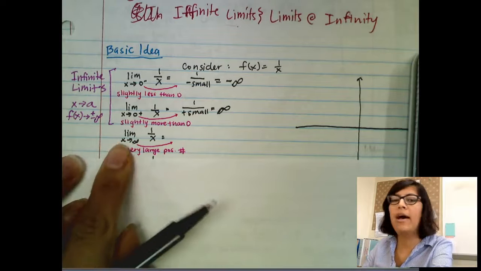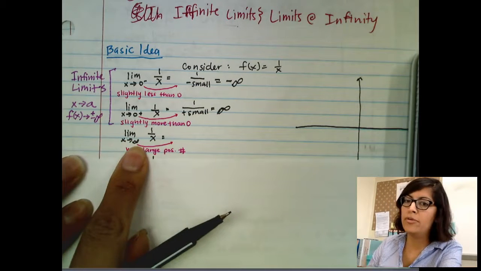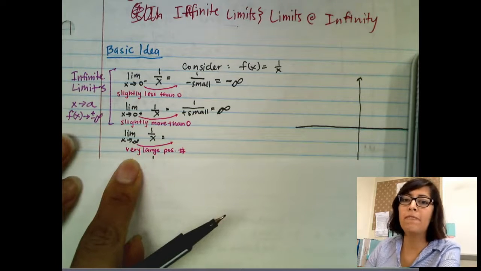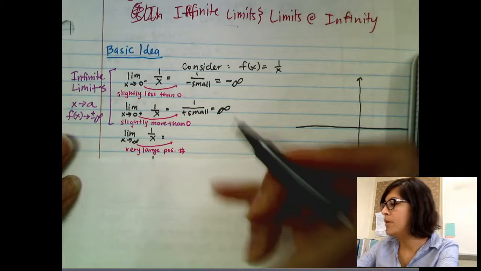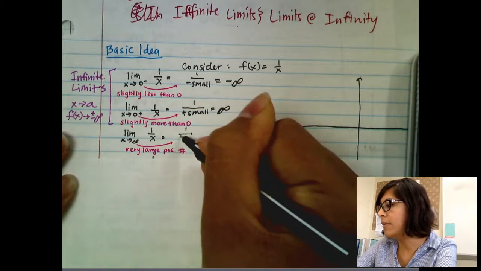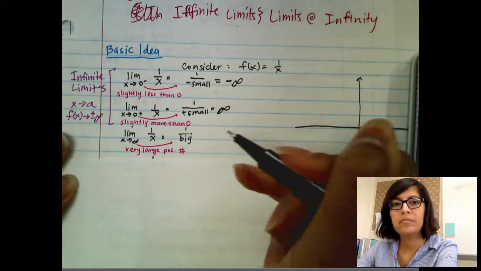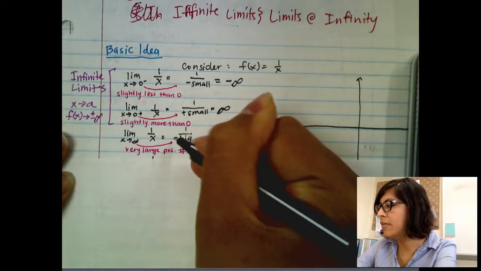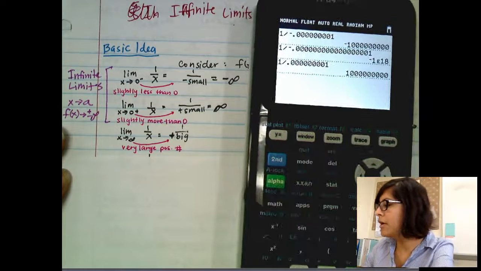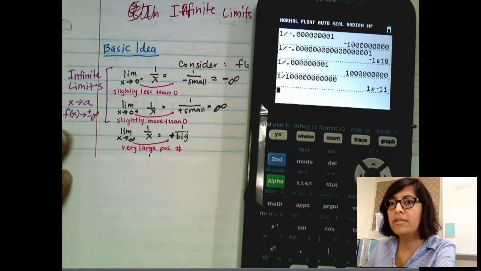Now let's look at the limit as x goes to infinity, as x gets very, very large. So x is going to be some very large positive number, and we have 1 over a very big number. Let's say 1 over a million. We get a very small number.